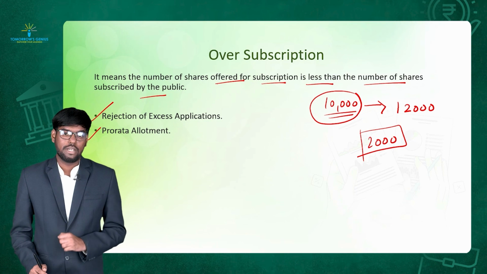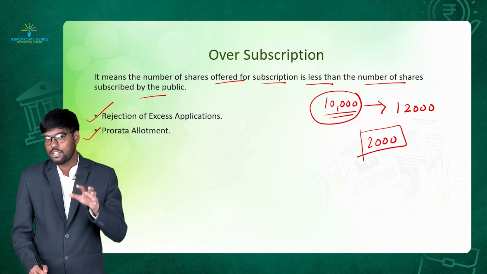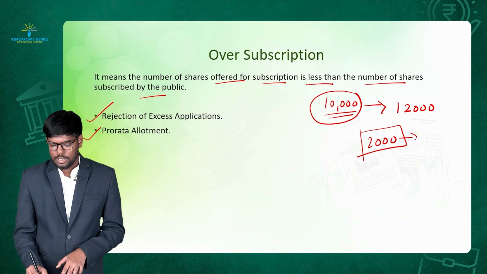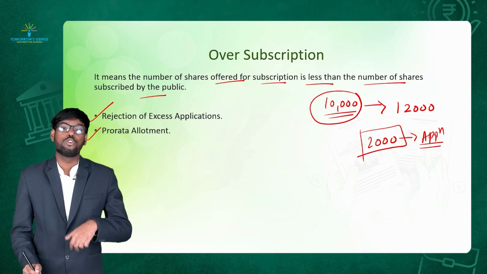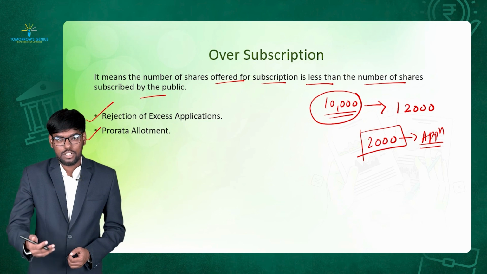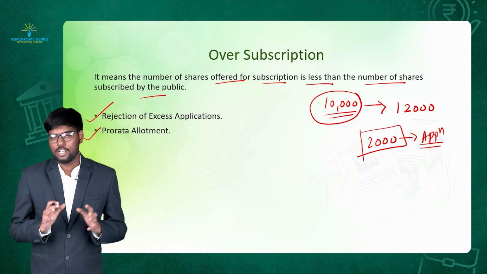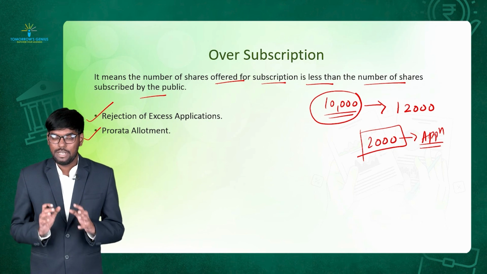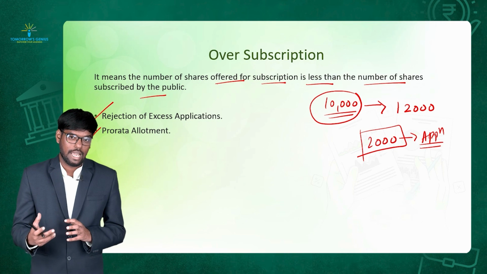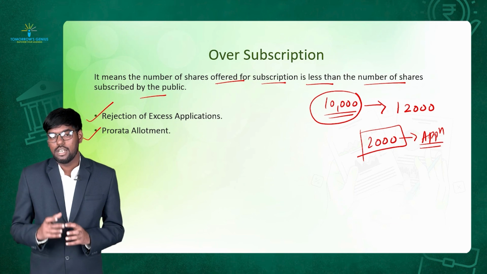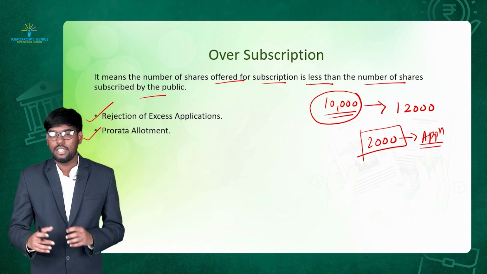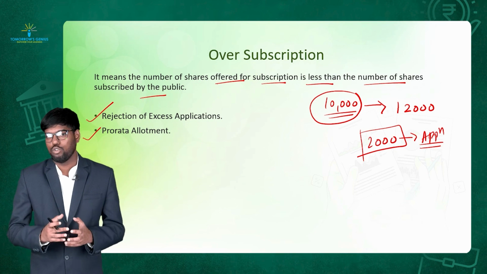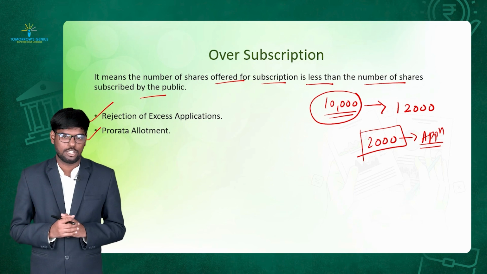Pro rata allotment is nothing but the money received by the company on these 2,000 shares at the time of application, that the company is going to use in the allotment stage or even in a call stage. So that is known as pro rata allotment. It means the company is going to adjust the excess application money in the further stages of issue of shares. So that is the case of oversubscription, right?